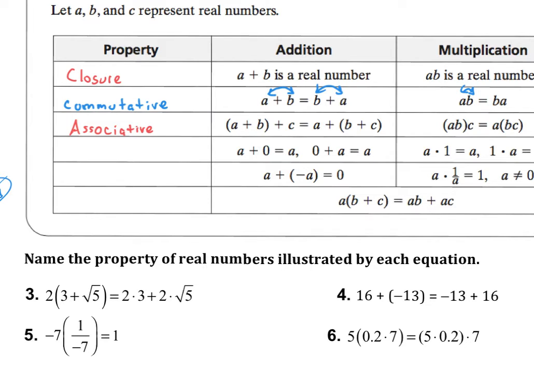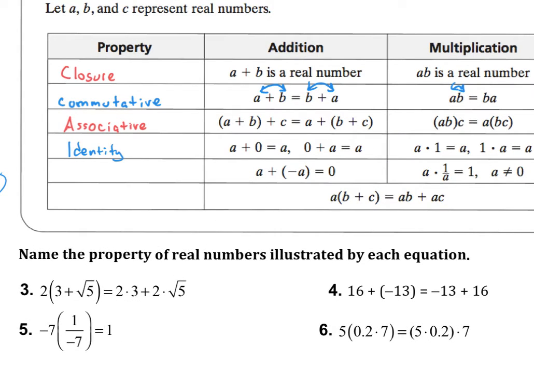The next property here is called the identity property. Identity in numbers is a number that doesn't do much. The identity in addition is 0, because when I add 0 to any number, I get that same number. The identity in multiplication is 1, because when you multiply by 1, it doesn't change the value.